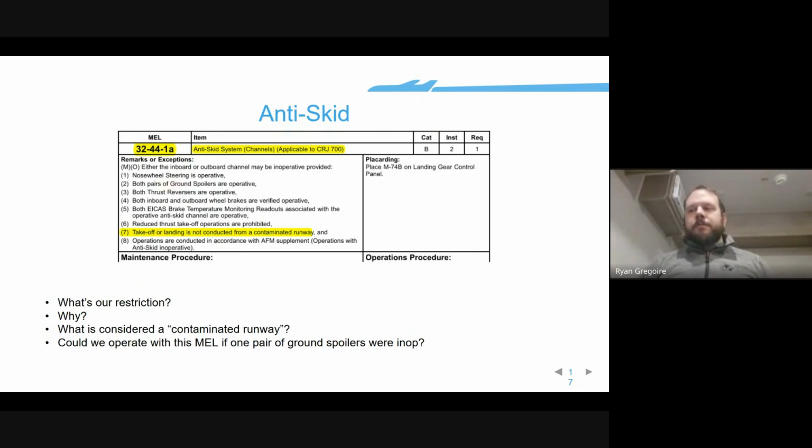And then, for instance, I'll have a dispatcher come up to me and say, hey, I need to kick 25 passengers off this flight because I have a restriction because the runway is contaminated. And then I'll go and look up the NOTAM, and the NOTAM will state 10% of the runway is covered with slush. And that's not a contaminated runway.